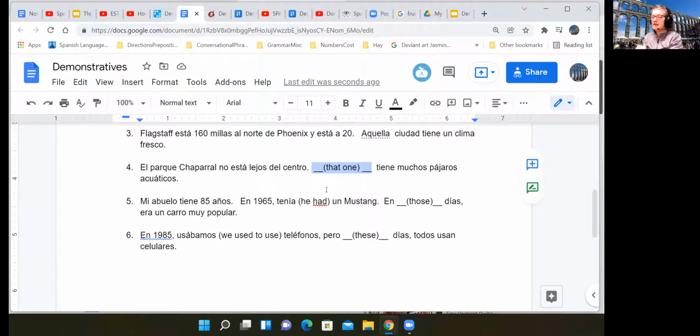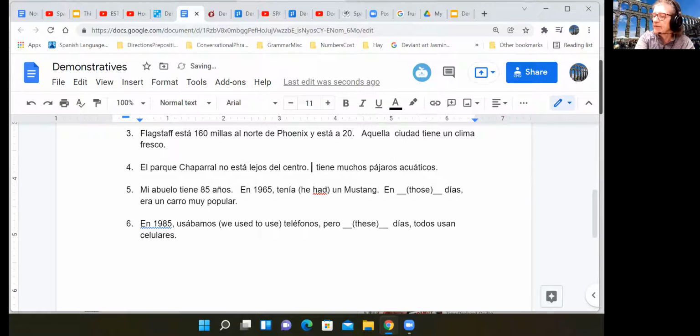El Parque Chaparral no está lejos del centro. It's not far from downtown. So if I say that park, and it's not far, ese. Ese tiene muchos pájaros acuáticos. It has lots of aquatic birds. Ese tiene. That one has.